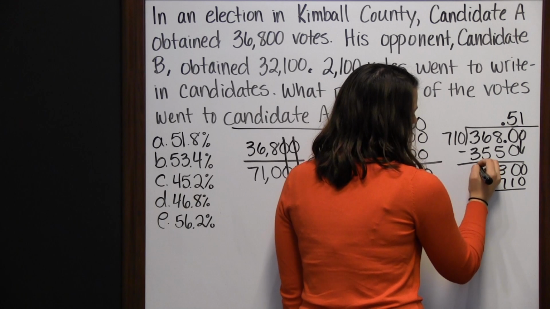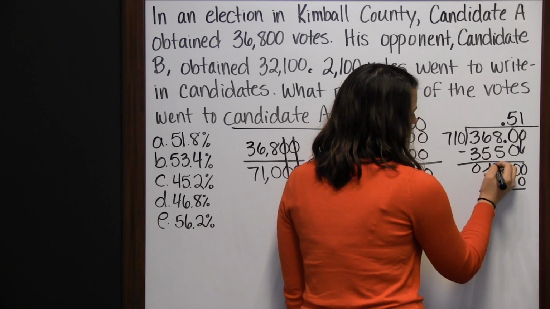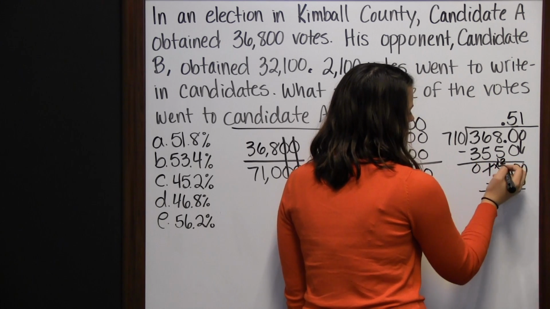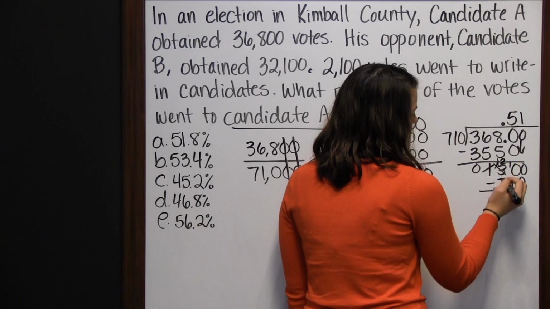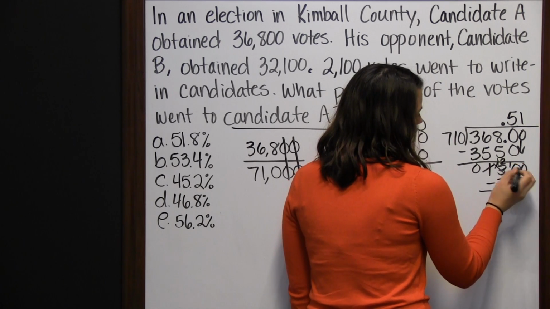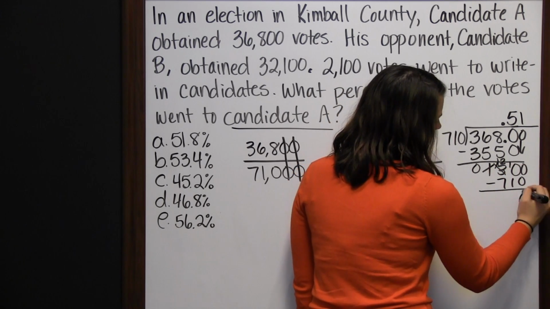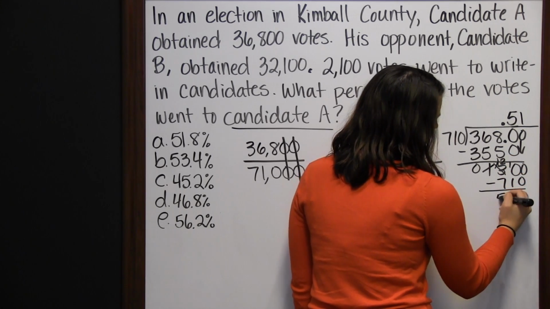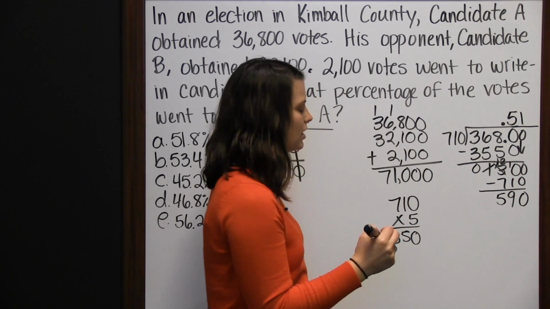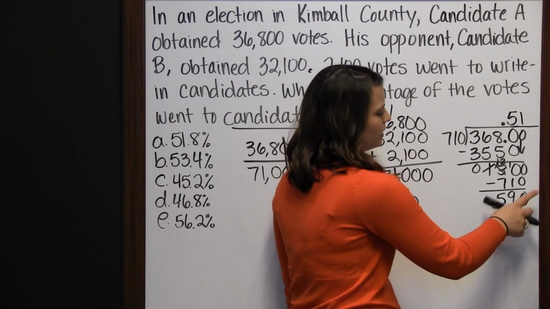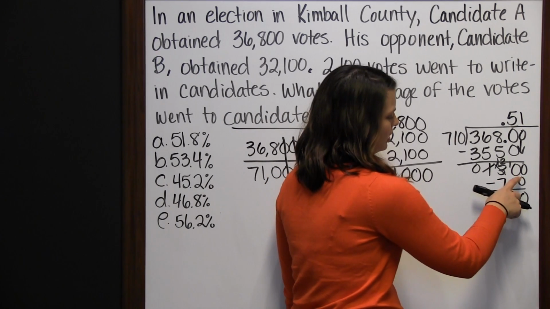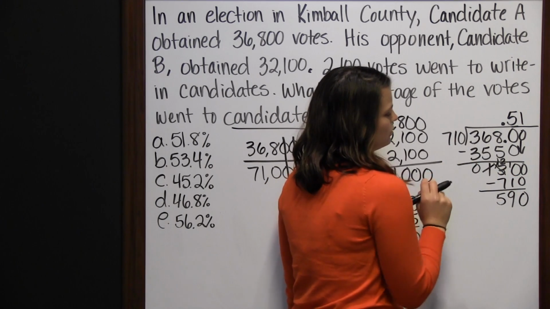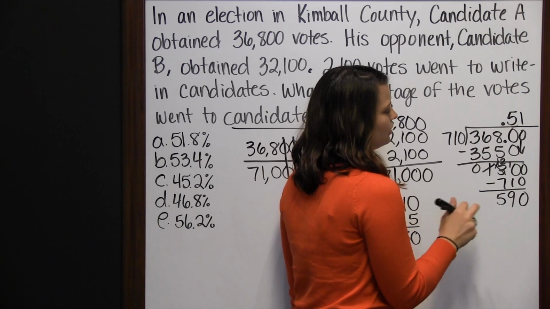So I'm going to borrow from the 1, that's a 0, that's 13. Borrow from the 13, that's 12, which makes that 10. And we'll borrow, well, we don't need to borrow, that's 0. So 10 minus 1 is 9. And 12 minus 7 is 5, 590. Which makes sense. If you add 90 back to 710, you get 800. And if you add 500 to 800, you get the 1,300.